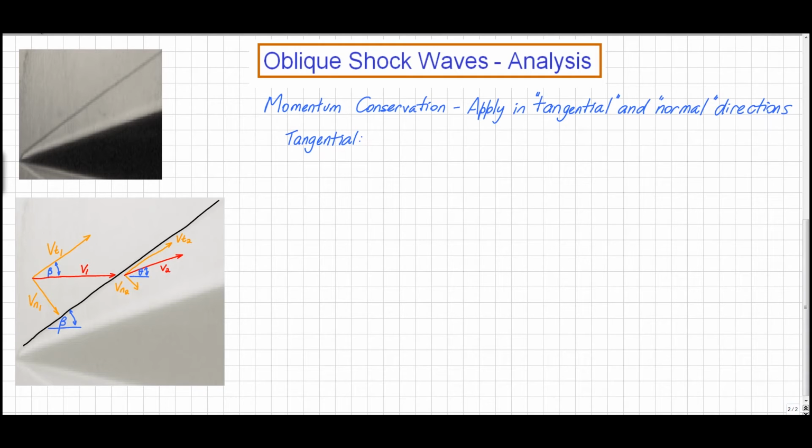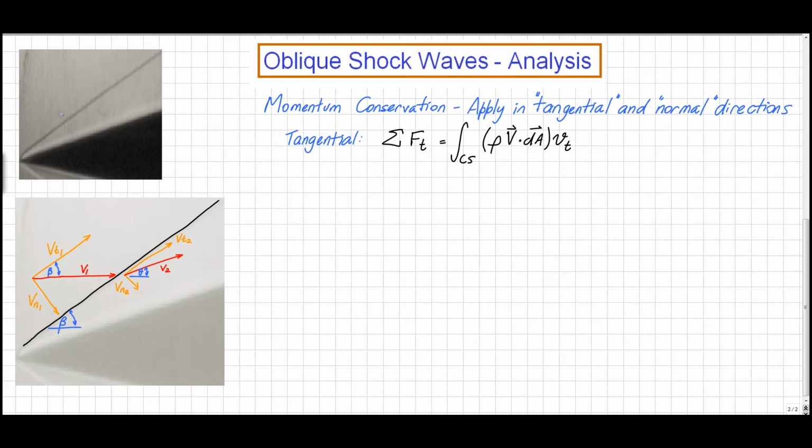And we can say here that the sum of the components of force in the tangential direction is equal to the integral over a control surface encompassing our flow of rho v dot dA, so our mass flow rate, and the component of velocity in the direction tangential to the flow.